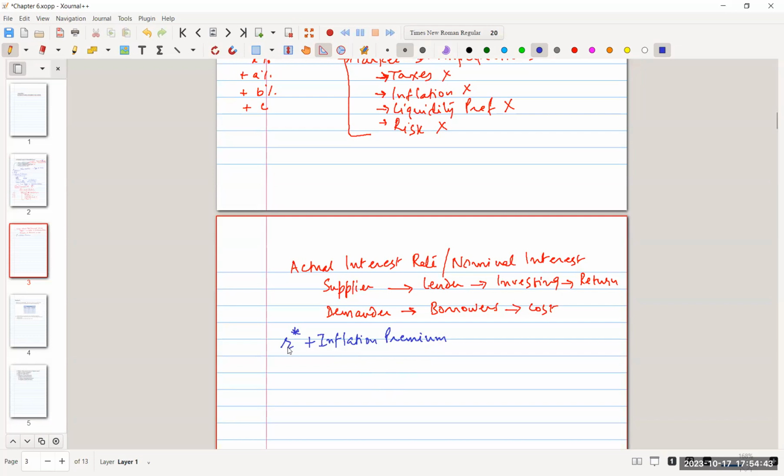So I add that to the real interest rate before I quote it to the demander. He is asking how much interest rate I will charge. I'll say this is the minimum, plus I need some compensation for inflation as well, so I will call that the inflation premium.